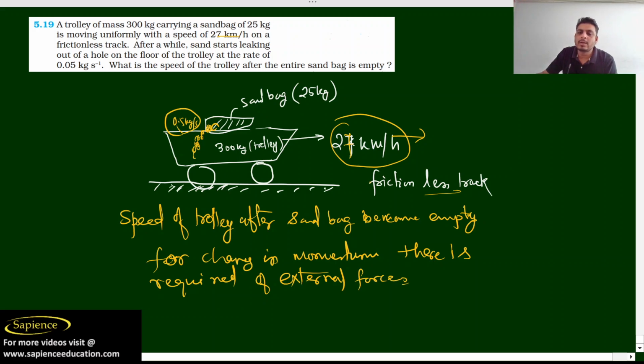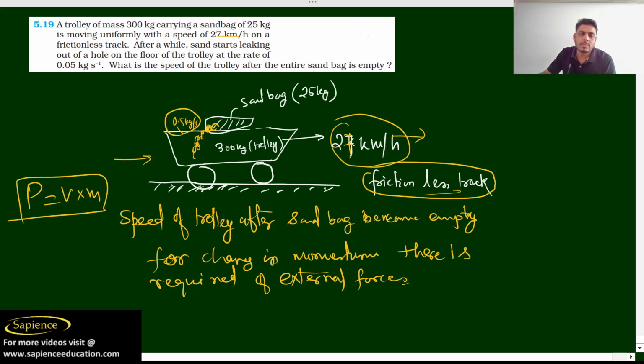But as we know, no friction or extra forces are working, and the mass of the system might also be changing. Since momentum is equal to mass into velocity, the mass of the system will remain constant.